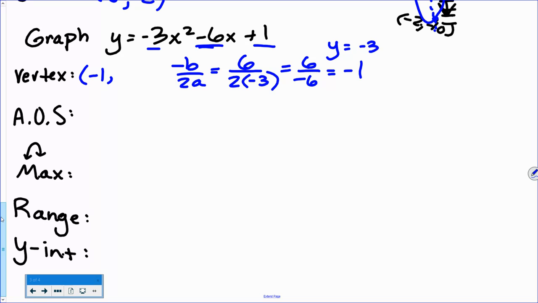So I'm taking negative 3 times a negative 1 squared minus 6 times negative 1 plus 1. Okay, follow your order of operations, or if you want, you can put that in a nice calculator that can do all those parentheses at once. Or I'm squaring the negative 1 to get a positive 1.